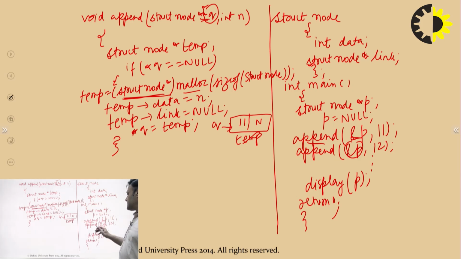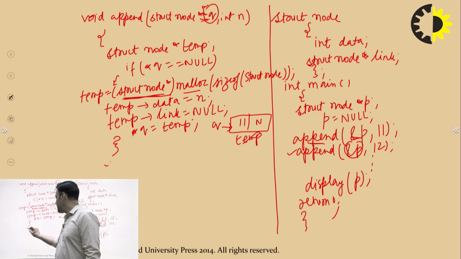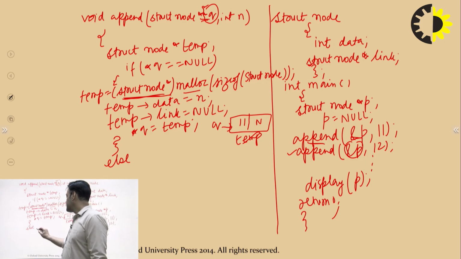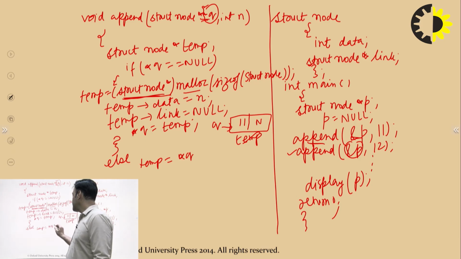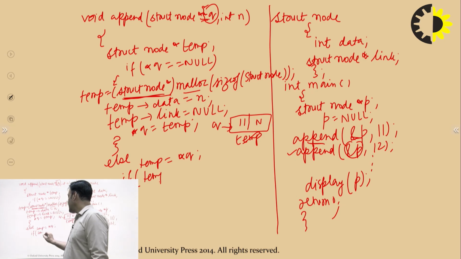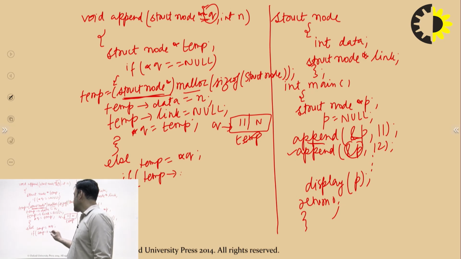Now, secondly, I have called the append function a second time. When I have called the append function the second time, I already have one node, so the list is not empty. Then the else part will be executed here. In the else part, q will come to temp and it will check if temp's link part is not equal to null.